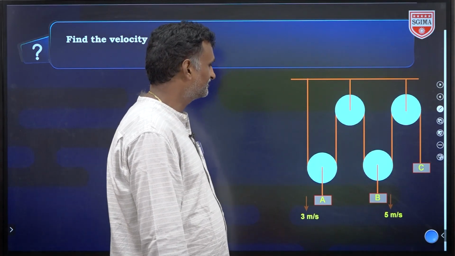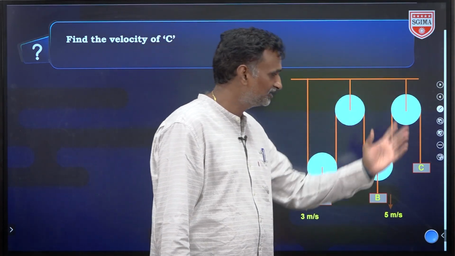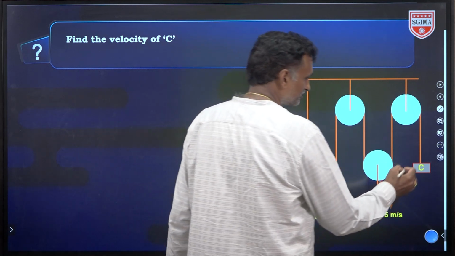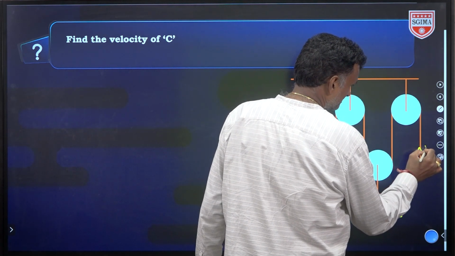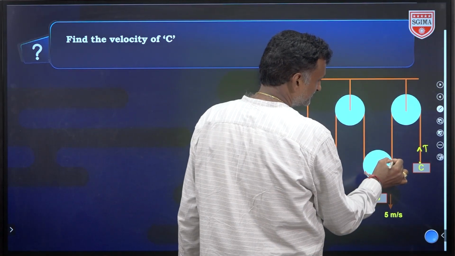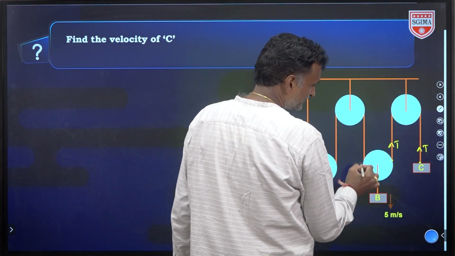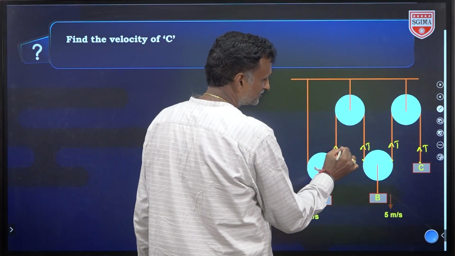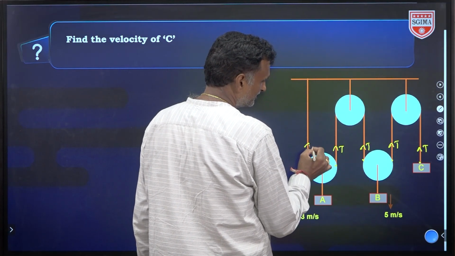So, suppose to take first a long string. So, in that long string we will write the tension. So, we can write down here, this is T, and with respect to this point this is again T, and here it is T. So, next here also T, here also T.